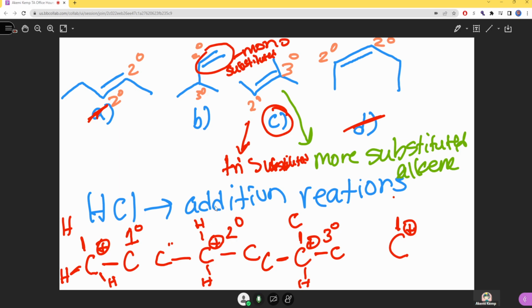Yeah. And you're saying if it's secondary and secondary, it's just not right because... Not that it's not right. Carbocations can exist in a secondary position, but we always try to form the most stable carbocation so that the addition reaction happens even quicker.